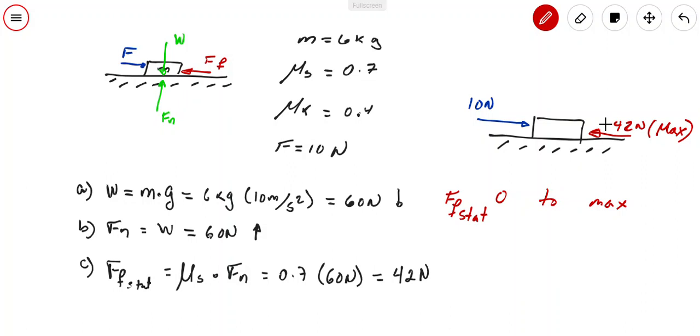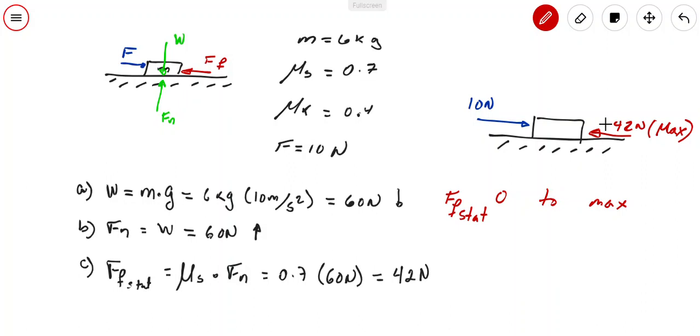You increase a little bit more the external force to 30 newtons, and the force of static friction increases to 30 newtons. You increase now the external force F to 40 newtons, and the force of static friction increases to 40 newtons.